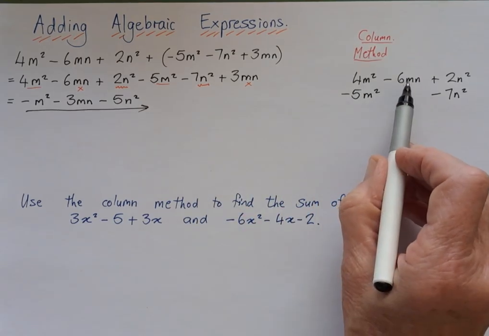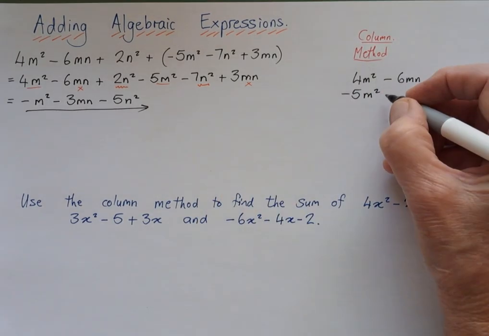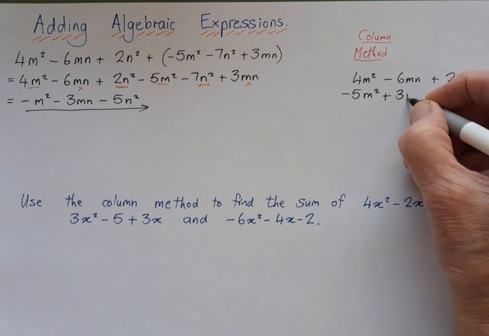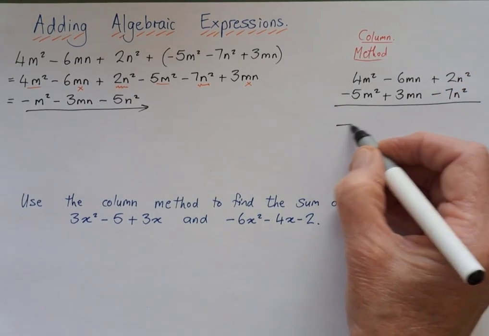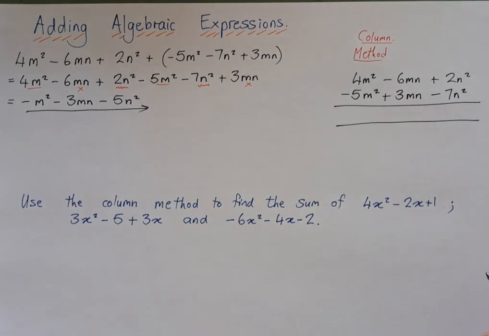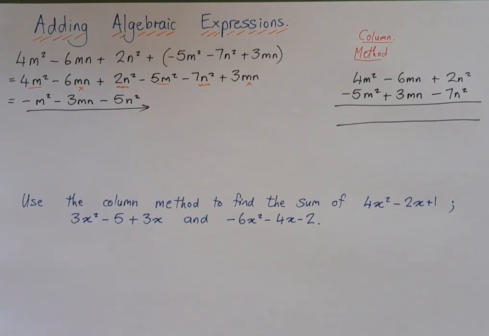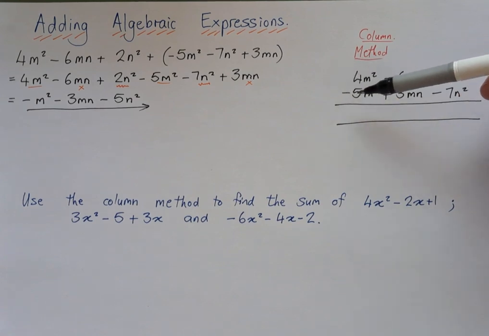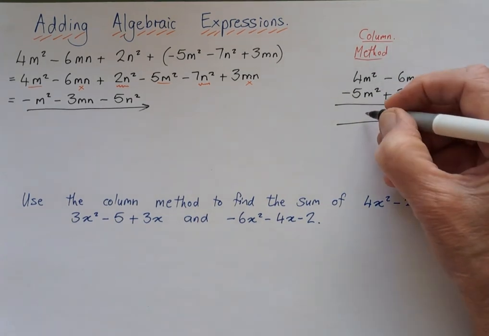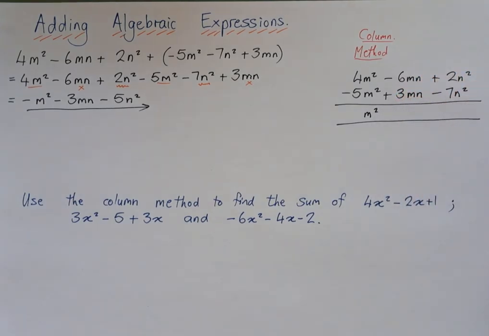And then I've got an mn term and an mn term, and this is positive 3mn. Once I've done that, I get ready to add in columns. So when we're adding algebraic expressions, the trick to remember is just do what the sign tells you. This is a positive 4m squared, so I'm going to say 4 minus 5 in my m squared terms, and 4 minus 5 is negative 1, which is negative m squared.